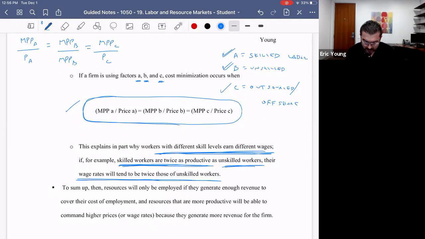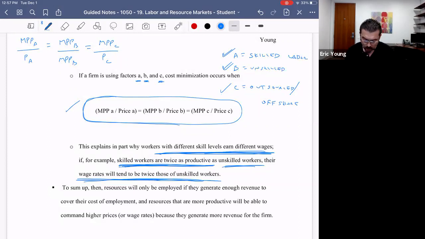If you know that the bang for the buck rule can be extended to show that different skill levels lead to different wages, and that if you're twice as skilled as somebody, you might make twice as much as them, you're going to want to always be thinking, both as an undergraduate, through grad school, and into lifelong learning, how can you be as efficient and productive as possible? Because that's where your salary, that's where your healthy income, that's where your rich, thriving life will come from.